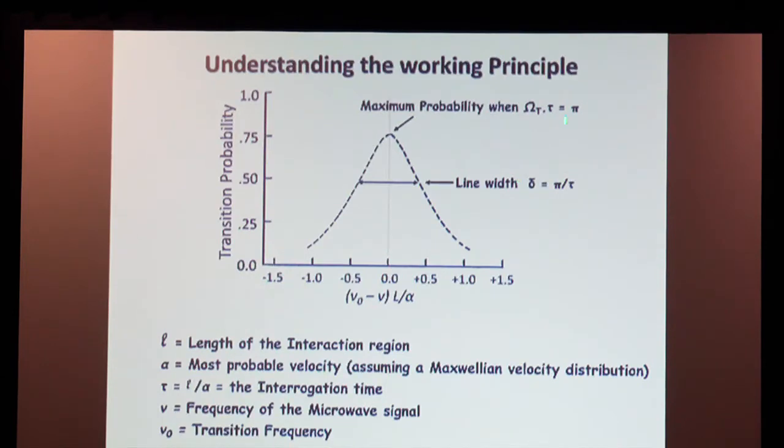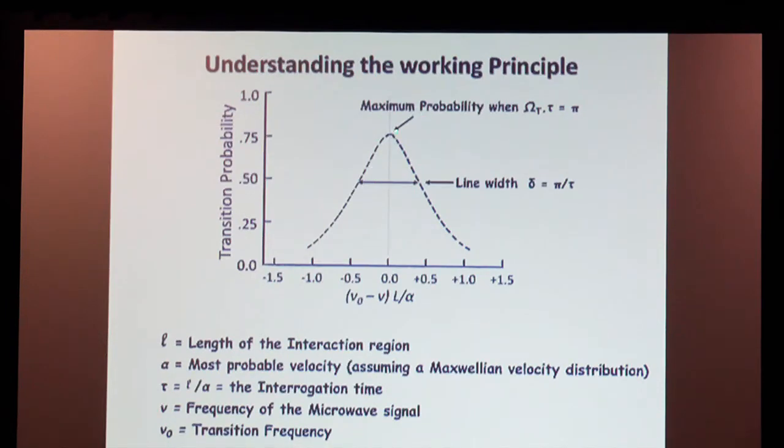There's some relation. So omega_t times tau, the product equal to pi, gives the highest probability of transition. And in an atomic clock, we want to maximize this probability, and you want to lock the external microwave frequency to the top of this resonance. So the higher the peak and narrower the peak, the more precise your clock is.